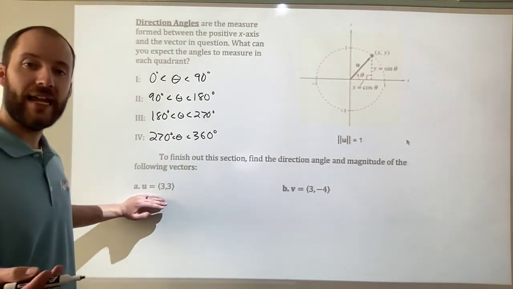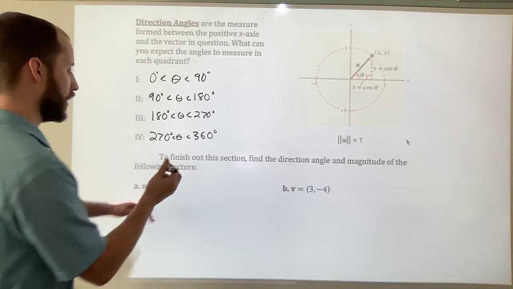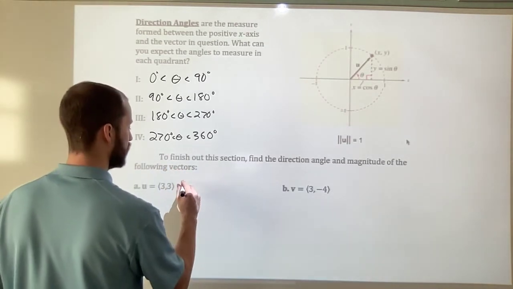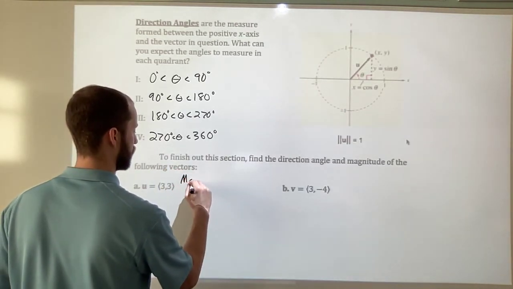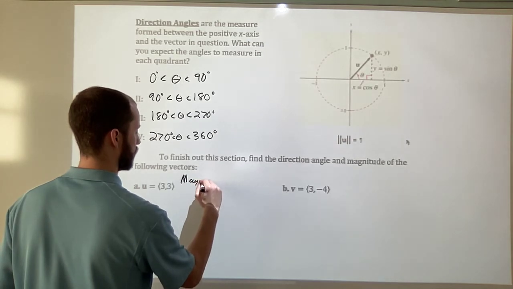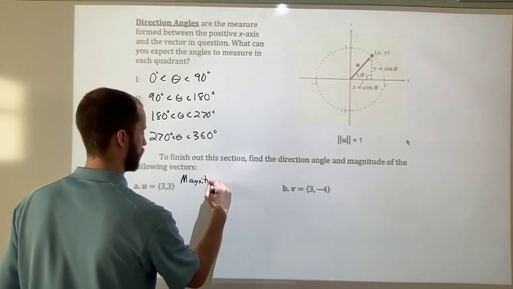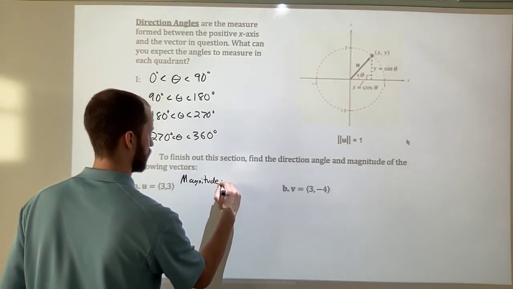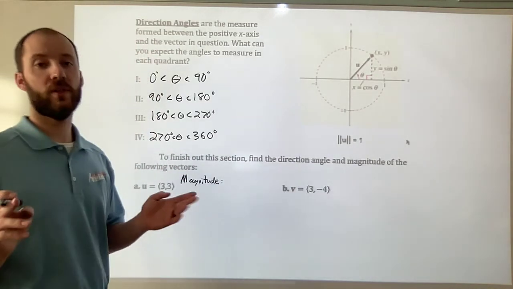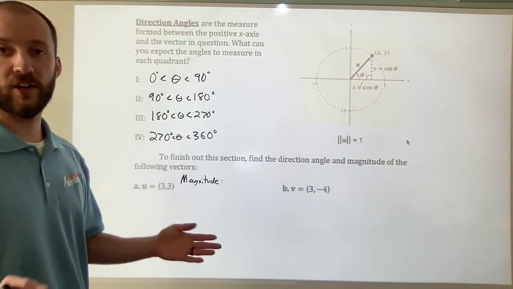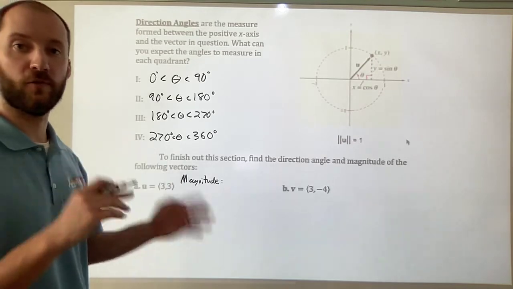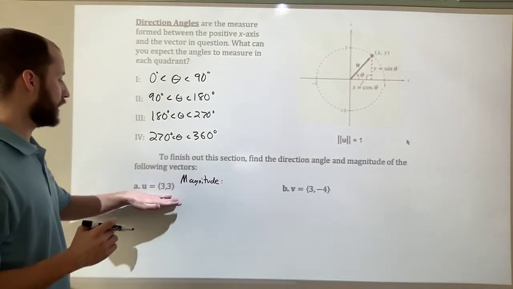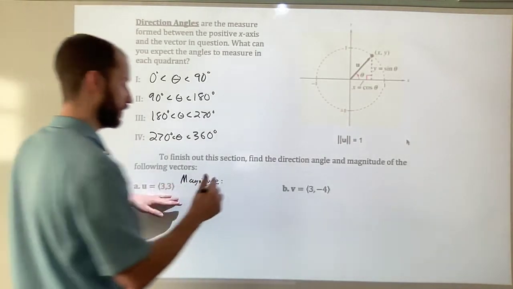So example A, looking at vector u, we're going to find the magnitude. Now magnitude is Pythagorean theorem if you have component form. Luckily we have component form.